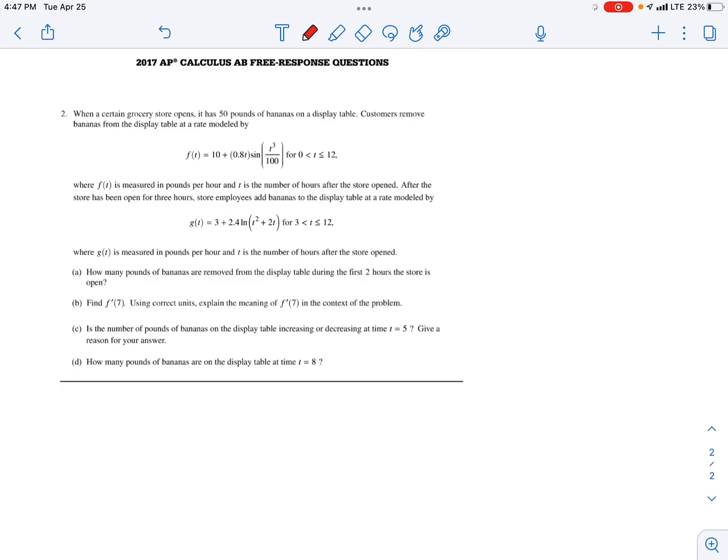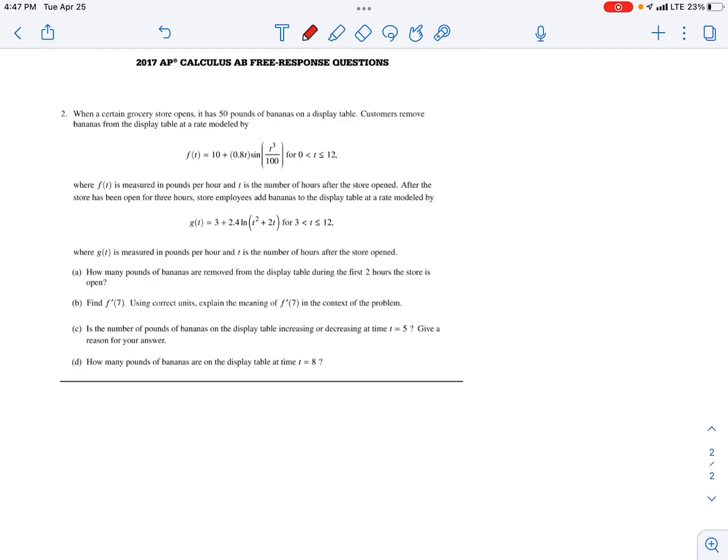So if I look at when t is 5, the amount of bananas being added minus the amount of bananas being removed, if that's negative, that means the number of bananas should be decreasing at 5.